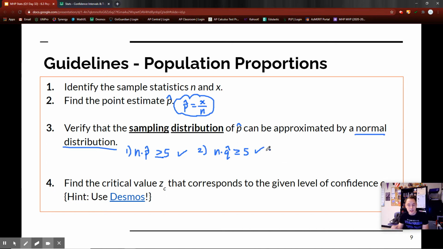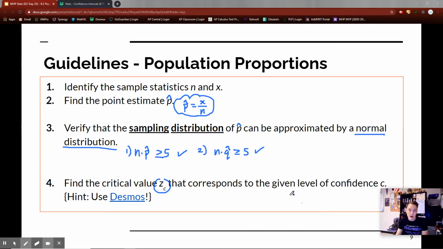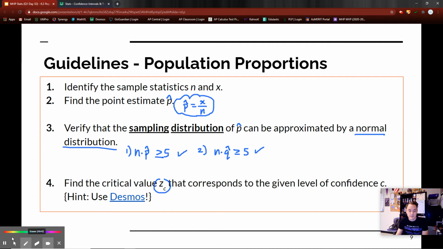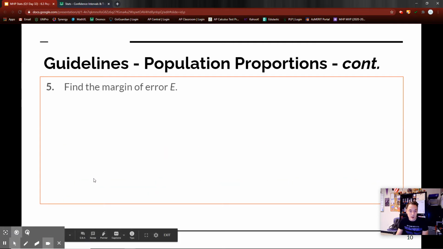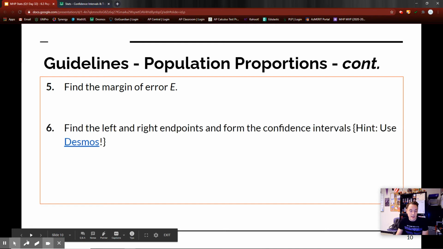So it's a little bit different than the other two. Then find the critical value, my z-scores back again, and we're going to use Desmos to find those critical values, so I'll go back and forth with Desmos. Lastly, we will have to find the margin of error and then the endpoints.